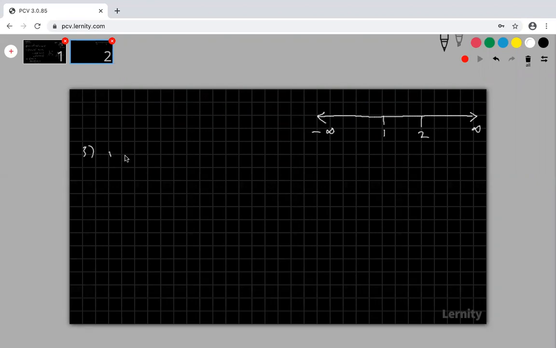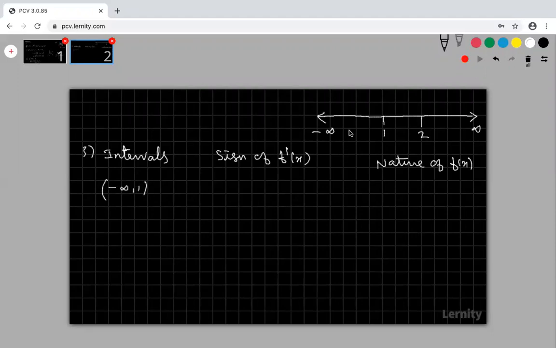My third step is to come to the intervals, the sign of f dash of x, and the nature of f of x. So what are the intervals? This is minus infinity comma 1, another interval is 1 comma 2, and the next interval is 2 comma infinity.